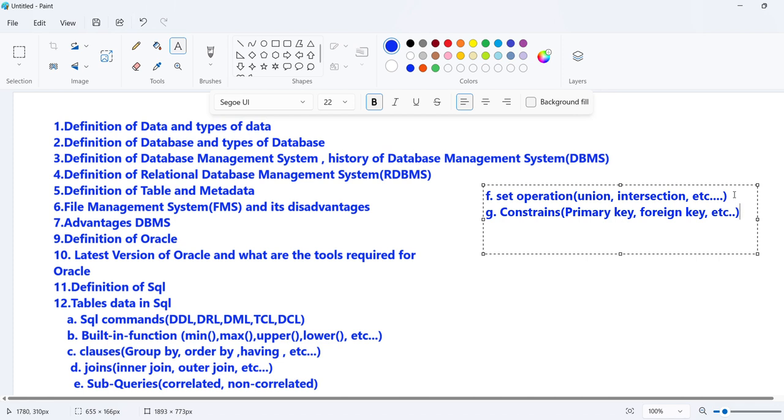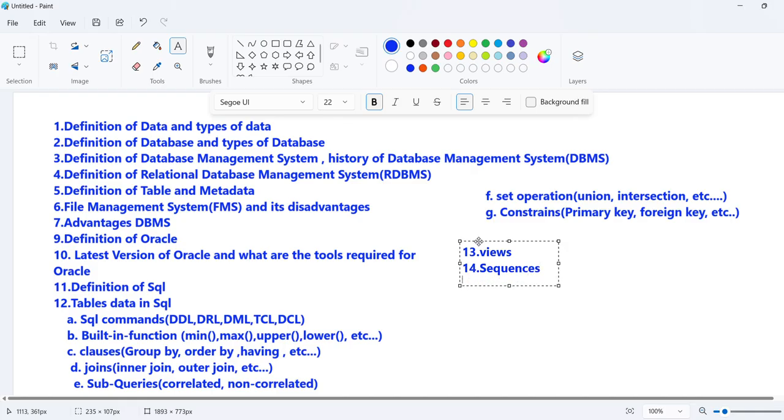Then the other topics in SQL are, below, views in SQL. After that, sequences in SQL. After that, indexes in SQL.